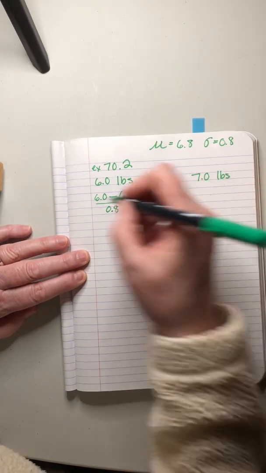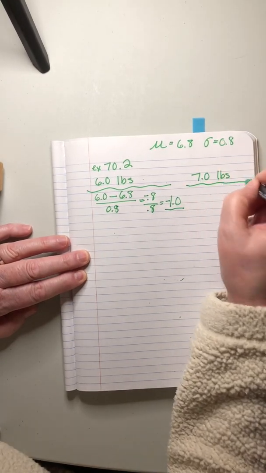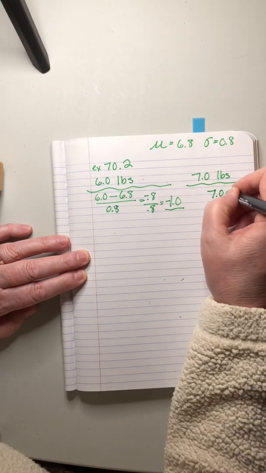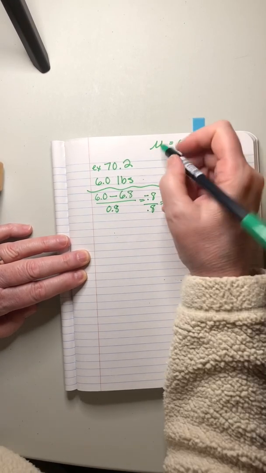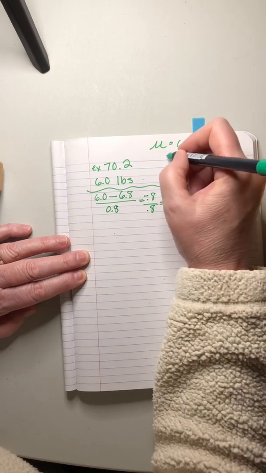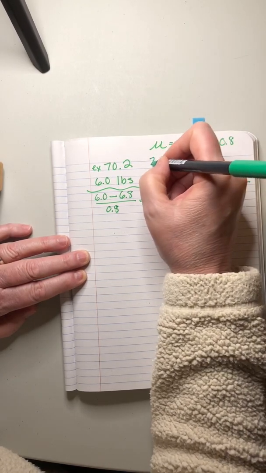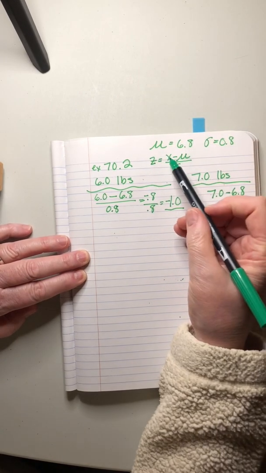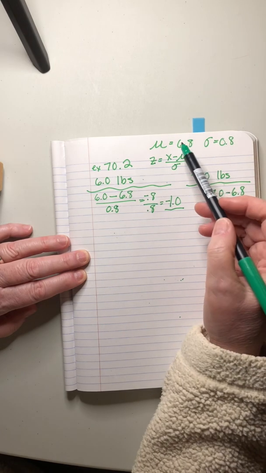Now, we'll do the same thing for our 7-pounders. 7.0 minus 6.8, right? Because it's the actual data. The formula for the z-score is the actual data minus the mean divided by the standard deviation. Our mean is 6.8.